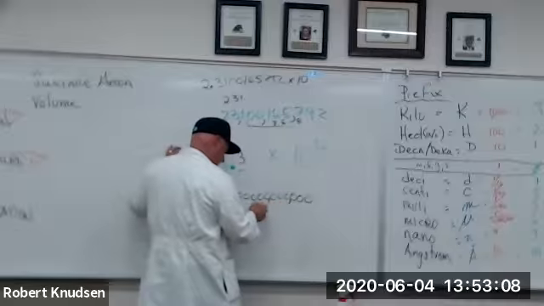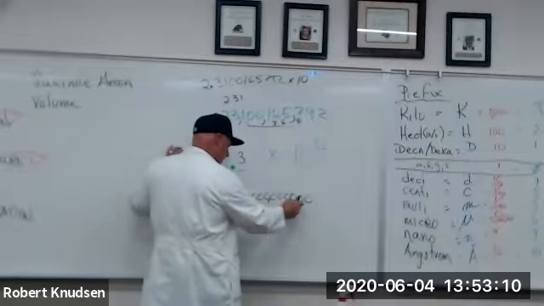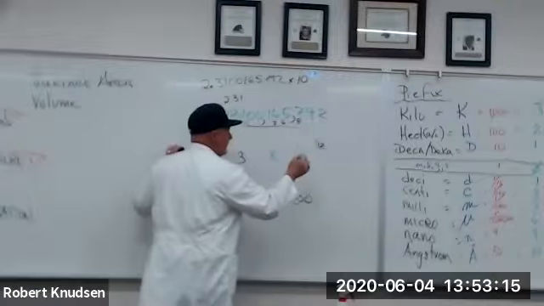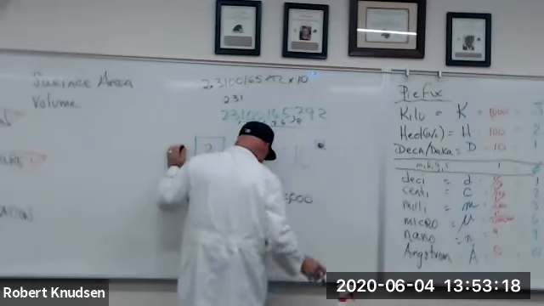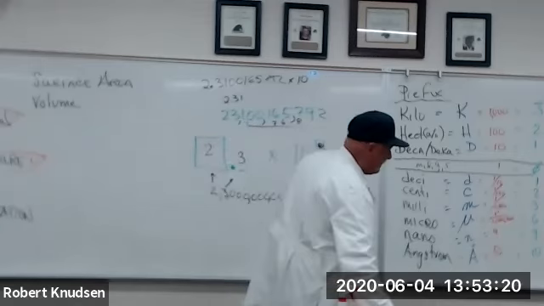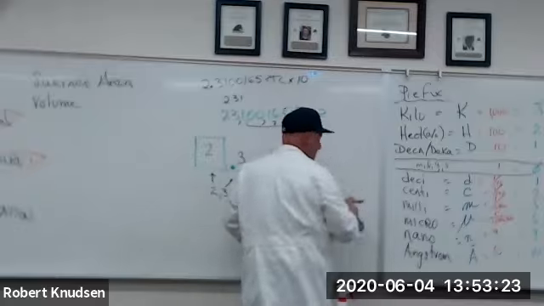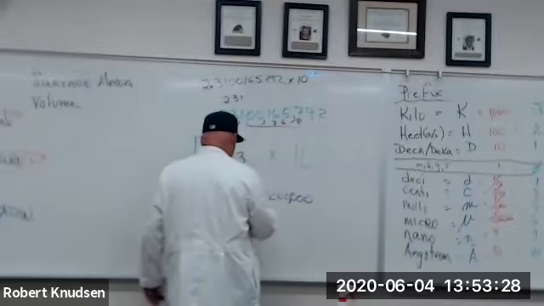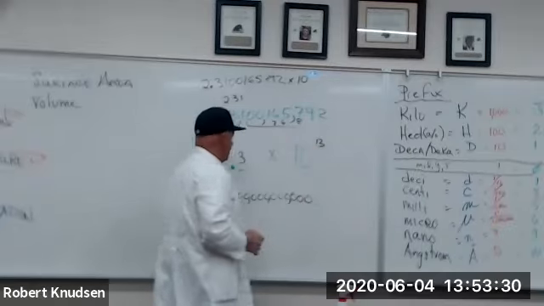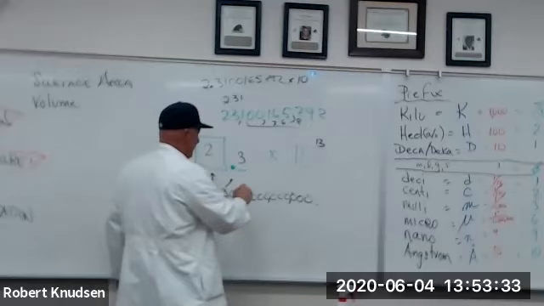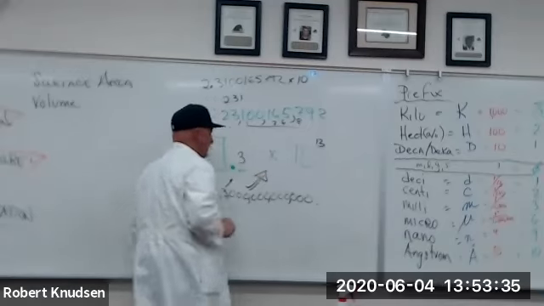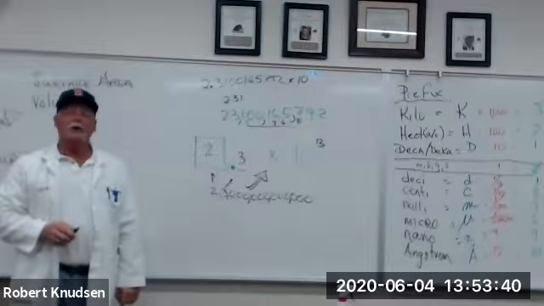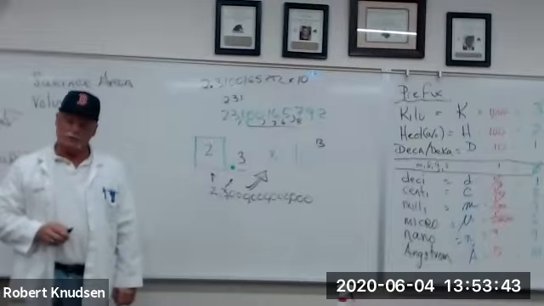Let me put some commas here. So we went 3, 6, 9, 12, 13. I'm going to say 3, 6, 9, 12, 13. Okay, this number and this number right here are the same. 2.3 times 10 to the 13th is this number right here. Management of zeros. You see.